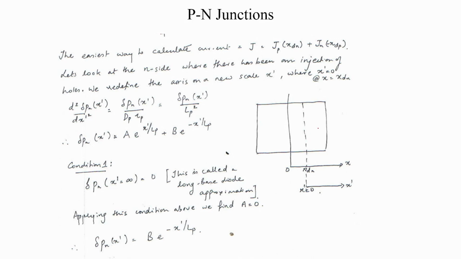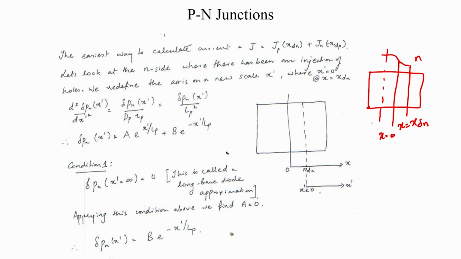In our initial coordinate system, we defined x equal to 0 at the junction, and at x equal to xdn we had the boundary of the depletion region on the N side, and at x equal to minus xdp we had the boundary of the depletion region on the P side.